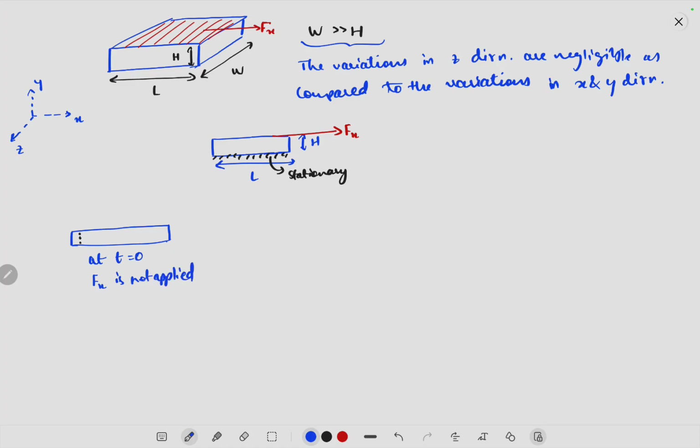Or better, let's exaggerate this figure to understand better. So if I make this larger, it would look like that. This is your h, the bottom plate is held stationary, and let's say I'm marking some points on the solid.